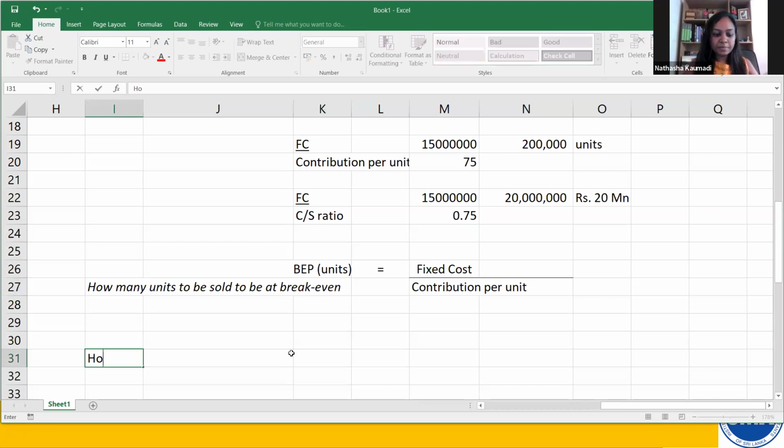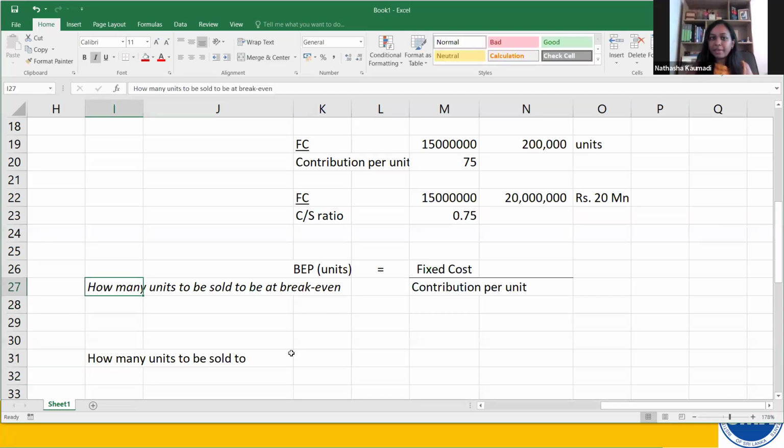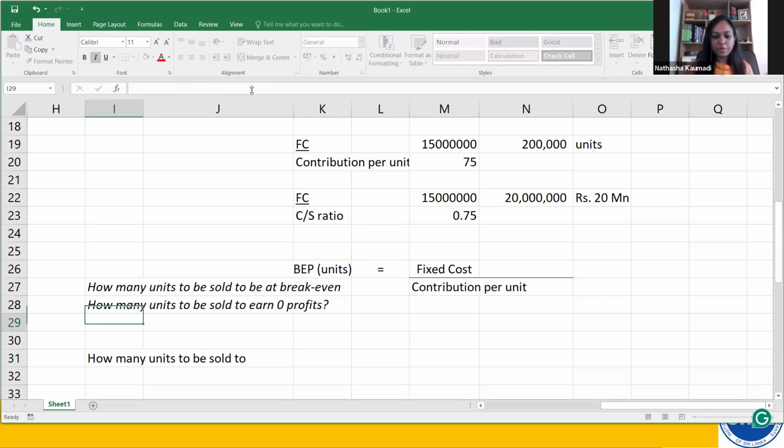How many units to be sold to, previously I asked, to be at the break-even, that means, in other words, to earn 0 profits.